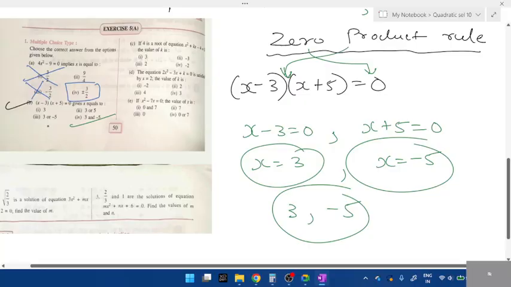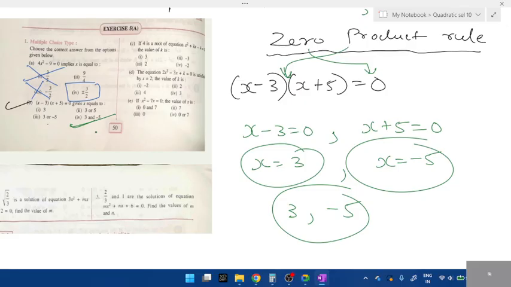And see, don't get confused. It is not or. It's a quadratic equation, definitely two values, 3 and minus 5. Okay, now check the answer in textbook, students. Is it or, and? Now just check option 3 or 4.